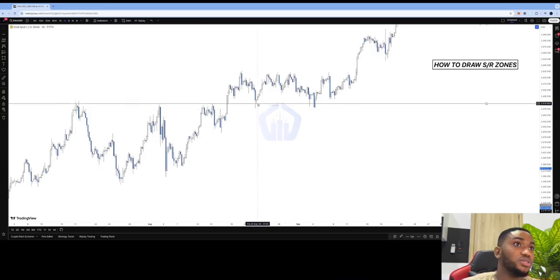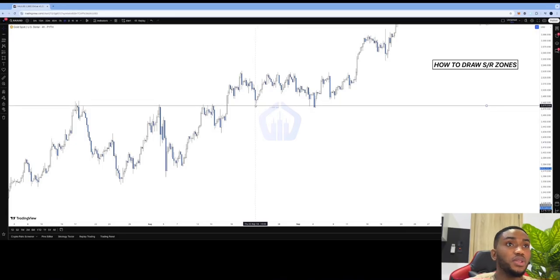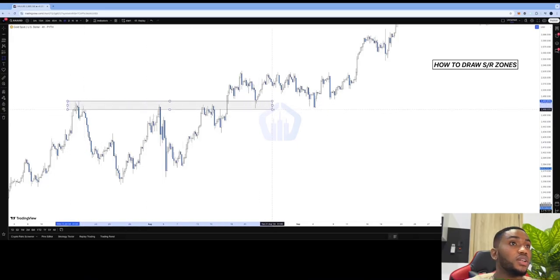Sure, drawing a line is cool and all, but I don't recommend you draw a line when marking out your support and resistance zones. What I recommend, like I said from the beginning, is zones, not lines. Keyword zones.